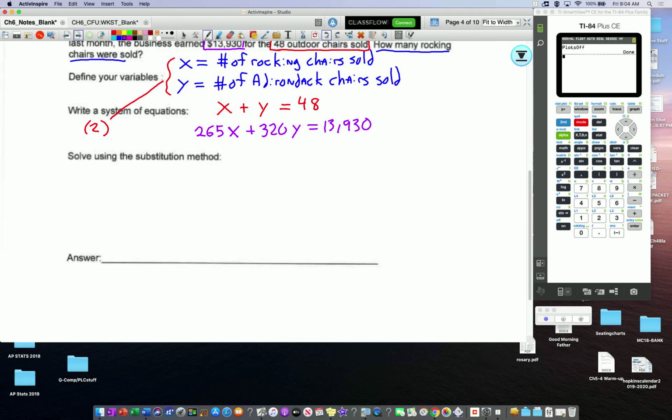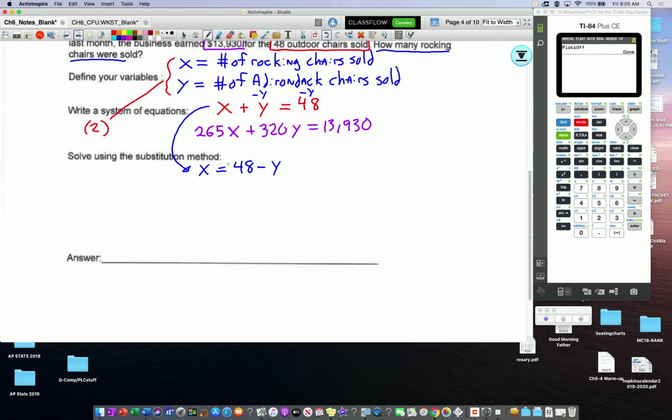So now it says let's use the substitution method to solve. So I'm going to take this equation right here and decide to get one of the variables all by itself. Okay? It doesn't matter. So I might get X by itself by subtracting Y. So if I subtract Y from both sides, I get X equals 48 minus Y. Again, it didn't matter which one you did, but I did that one.